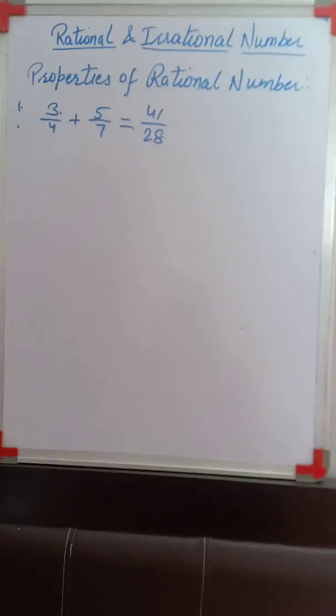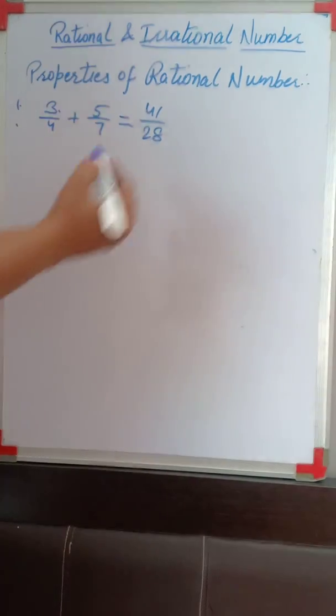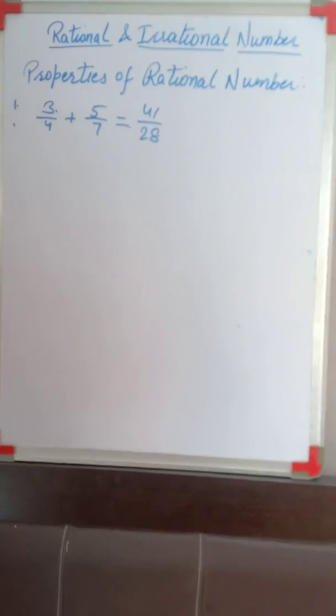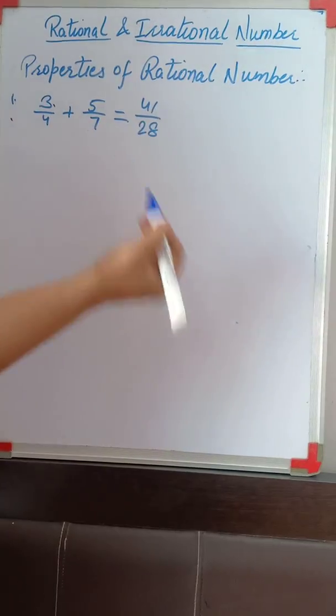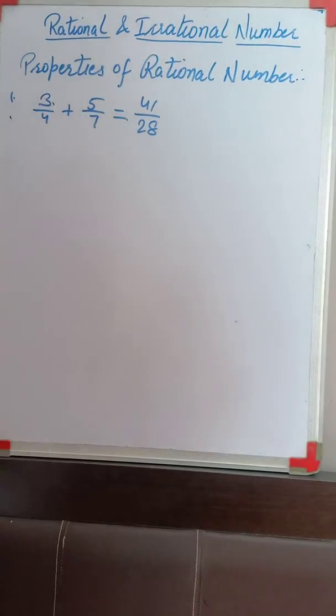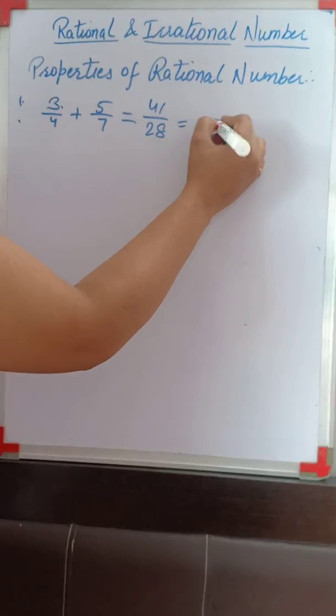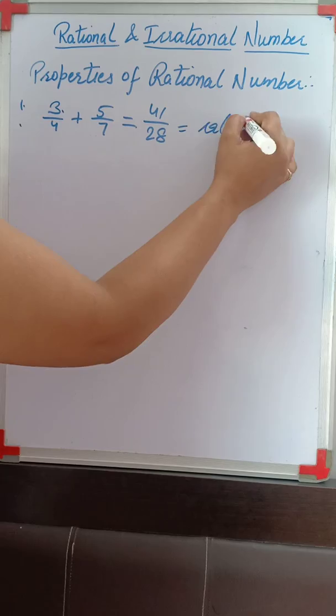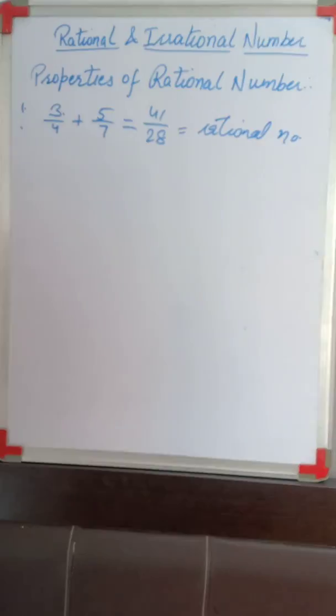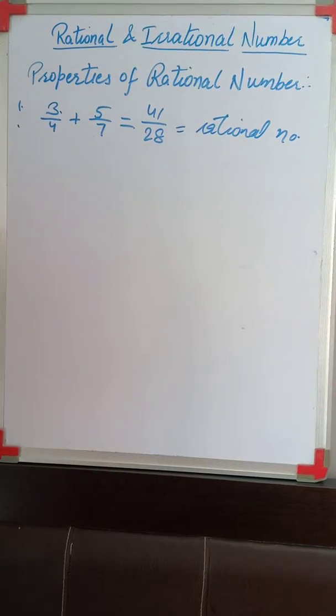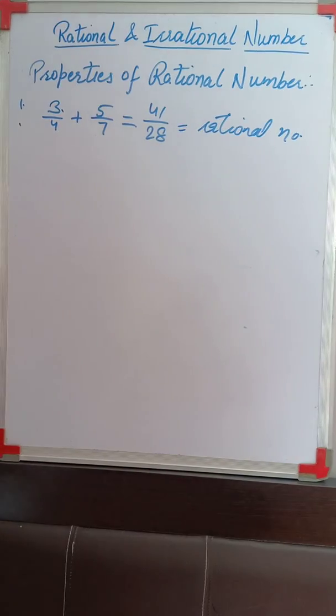So is it a rational number or not? Yes, because it can be written in the form of a upon b, and 41, 28 both are integers and 28 is not equal to 0. So it is a rational number, right? So whenever we add two rational numbers, the answer will always be a rational number.